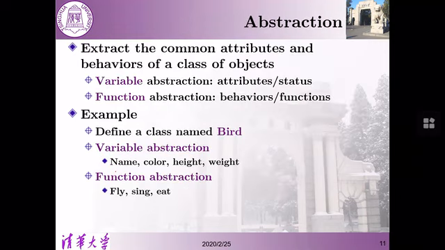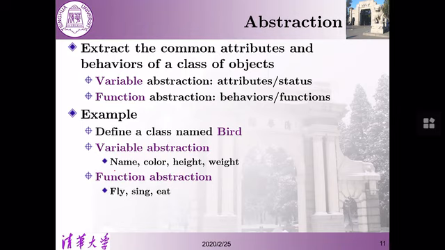So for abstraction, I think this is mainly the idea, right? When we are faced with some programming problems, we first extract some common attributes or behaviors from the objects, right? By attributes and status abstraction, we get variables. And by behavior and functions abstraction, we get functions.